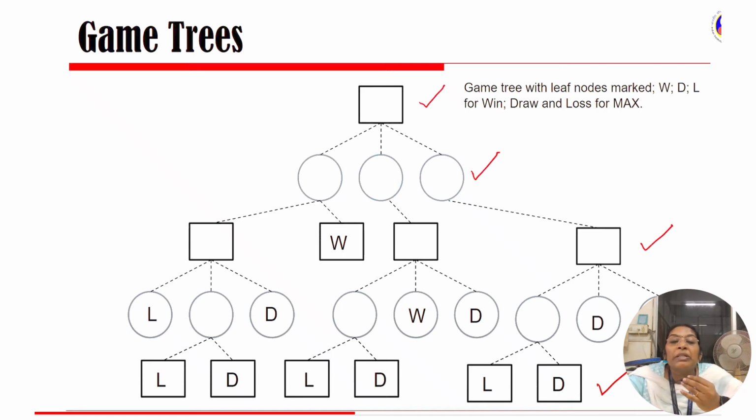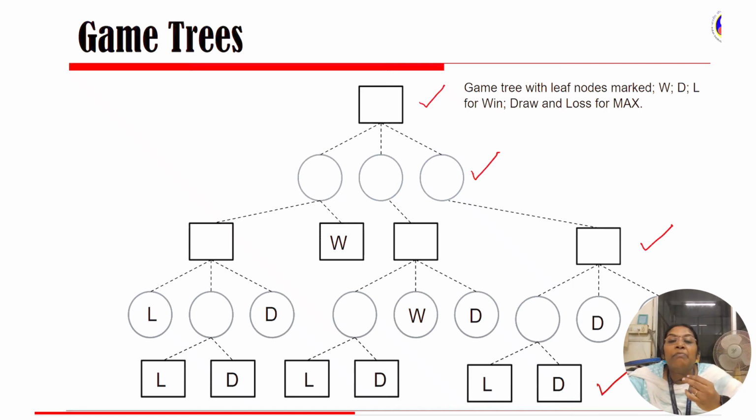In this sample diagram, you have been given a tree diagram, where the square shape indicates the maximizer and the round shape indicates the minimizer.